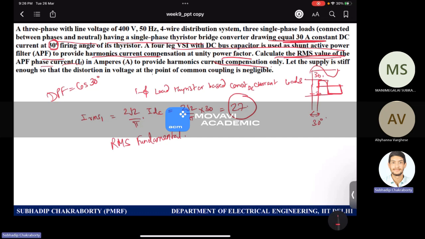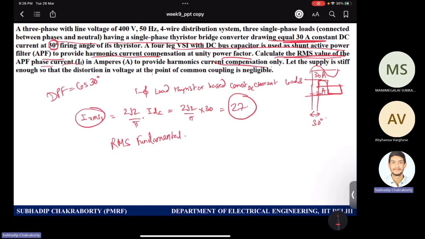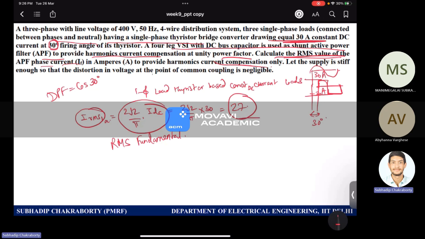This is your amplitude, 30 ampere, minus 30 ampere, and a 30 degree shift will come because you are triggering the thyristor at 30 degree. So your fundamental is 2 root 2 by pi IDC, but this is the active component, since this came from the power balance. So the actual RMS fundamental is nothing but 27 by DPF, it's 27 by cos alpha.